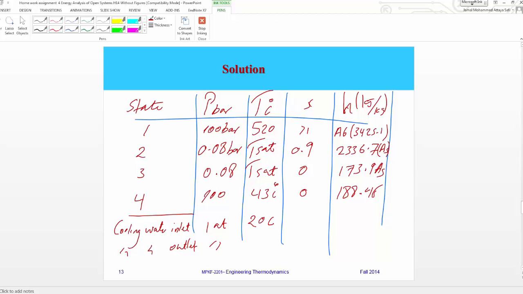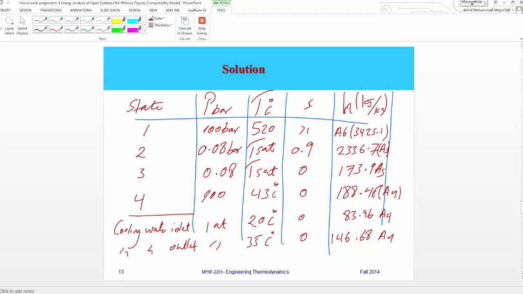This is 20 at the inlet, and it leaves at 35. x has no meaning, and you read from the table as 83.96 kilojoule per kilogram, and that is 146.68 kilojoule per kilogram. This is A4. This is also from A4, which is the saturated mixture temperature-based table.